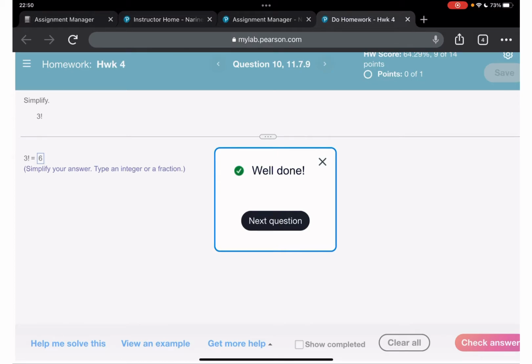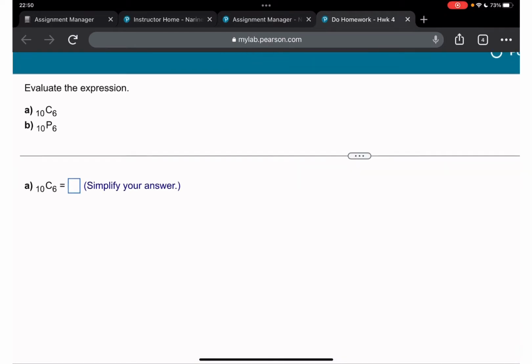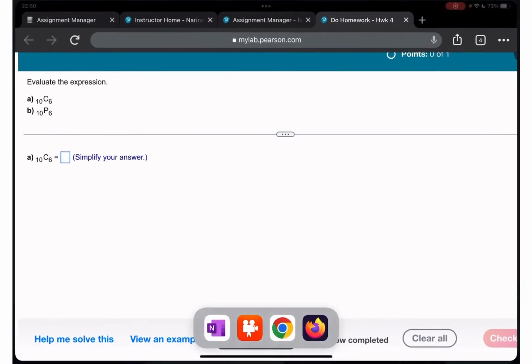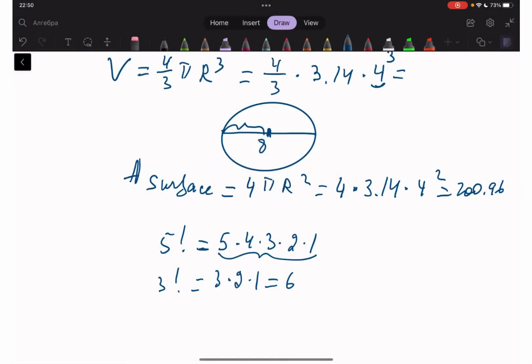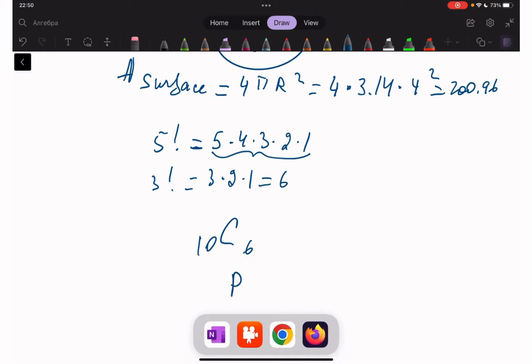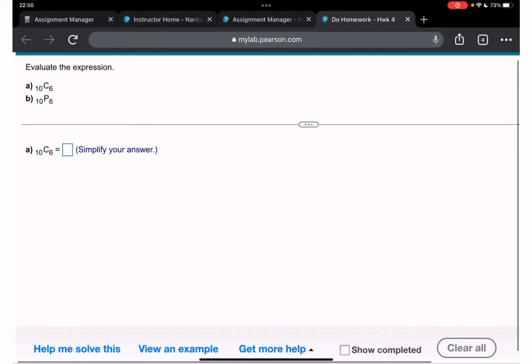Question number 11. Evaluate the expression. Okay, see combination and permutation. Let me explain. Combination 6 out of 10, and permutation 6 out of 10 also.